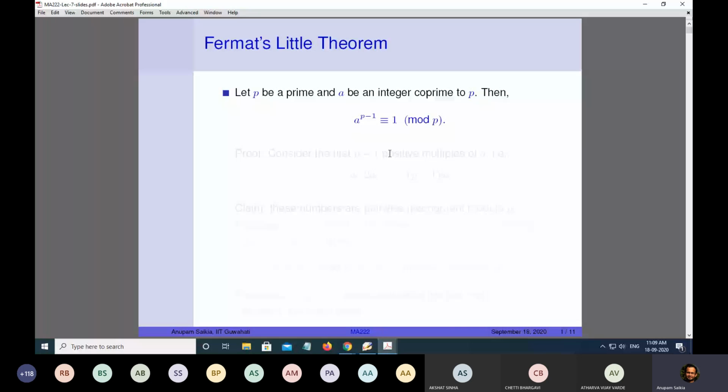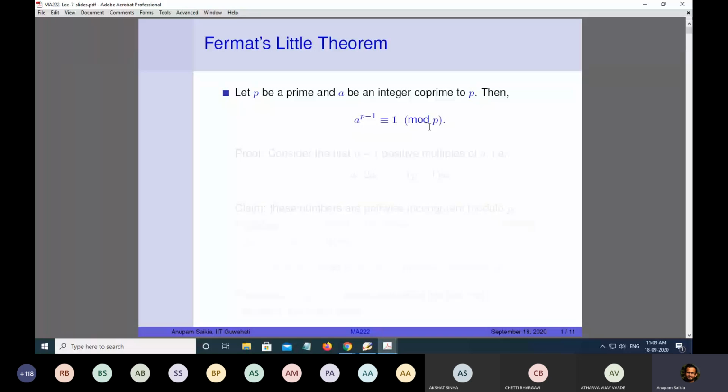And for composite numbers, we'll have Euler's theorem. We have to recognize this exponent as not 1 less than the modulus, but in fact, we should interpret it as the number of positive integers less than the modulus and co-prime to it. That's the right way to generalize.